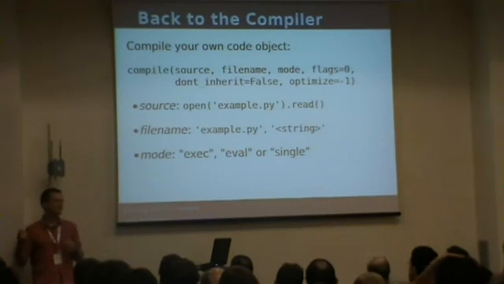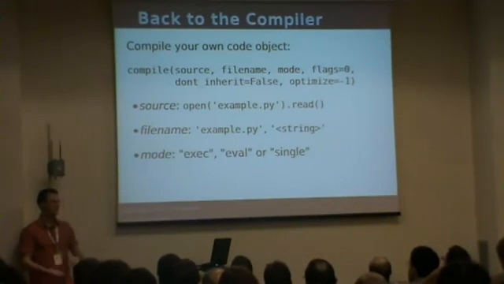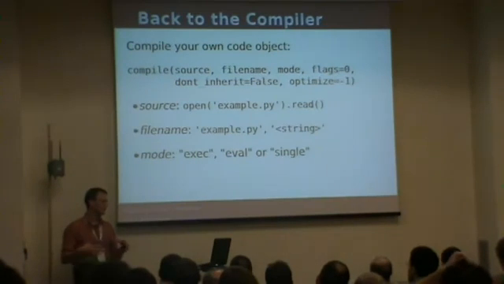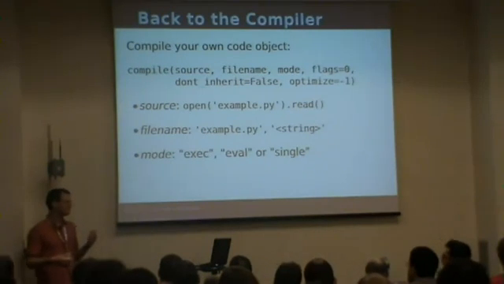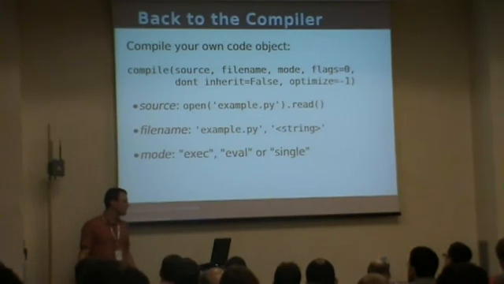The flags is a flag for that. dont_inherit is again, normally if you leave the defaults for those keyword arguments, you'll end up inheriting everything in flags, what future statements are active, and what optimization level you have from the code you're executing it from. So those three parameters allow you to customize that if you want to force a certain thing.